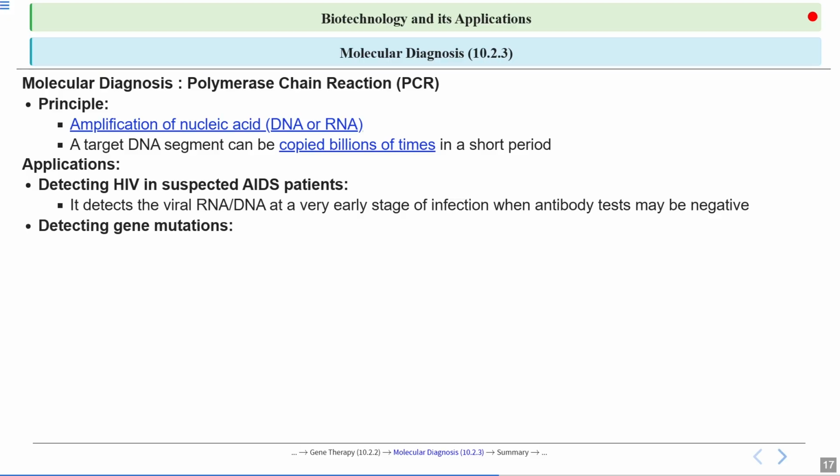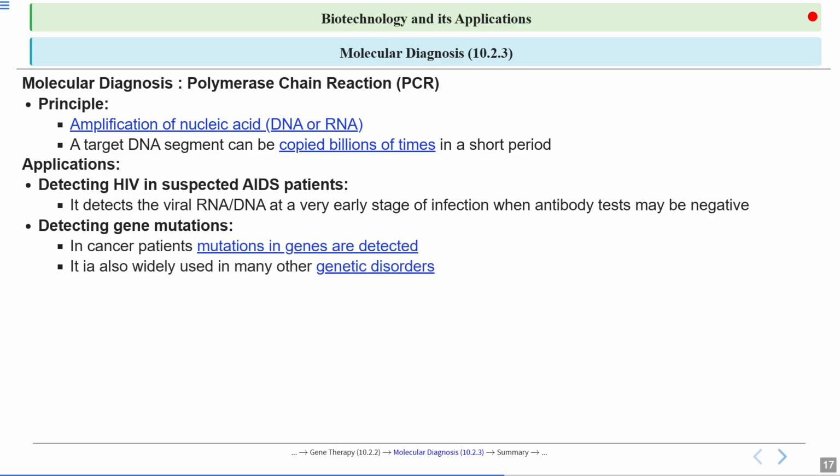Detecting gene mutations. In cancer patients, mutations in genes are detected. It is also widely used in many other genetic disorders. So we can even use this PCR in detecting gene mutations.